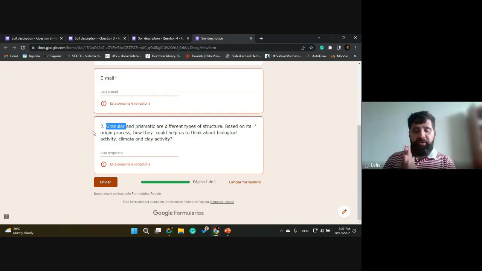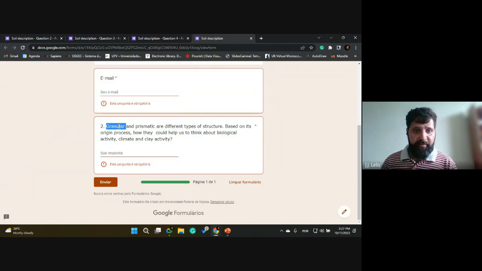So we can understand that we have different shapes and types of structure, and they represent different landscapes or different compositions of soil formation factors. And so it's quite easy to understand how they could tell us about biological activity, climate, and clay activity.